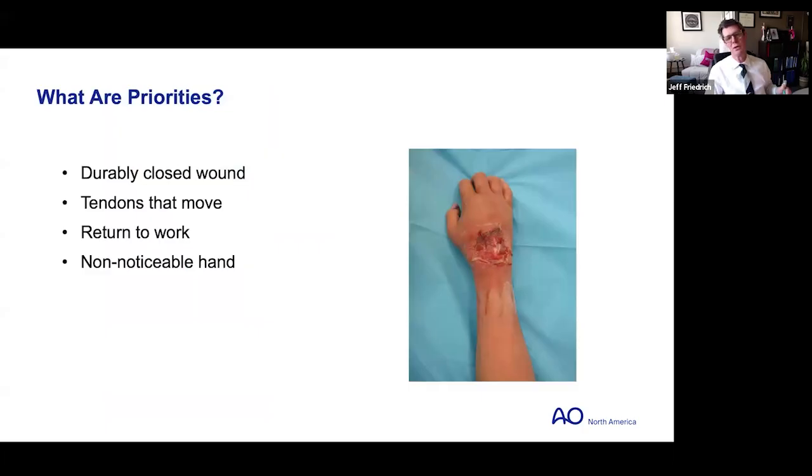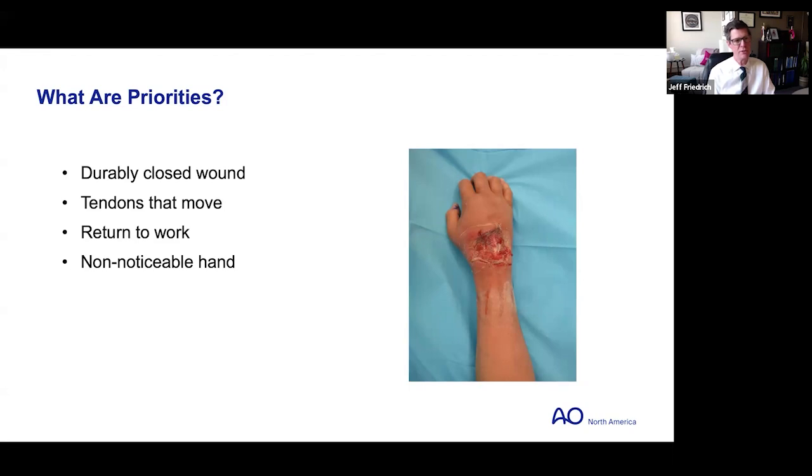So what would be the priorities for this patient? I'm asking this somewhat rhetorically, but at a minimum, we would hope to get a durably closed wound. We want tendons that move and glide, specifically the extensor tendons, and more specifically the digit extensor tendons. I would say less so the wrist extensors, but all are important.